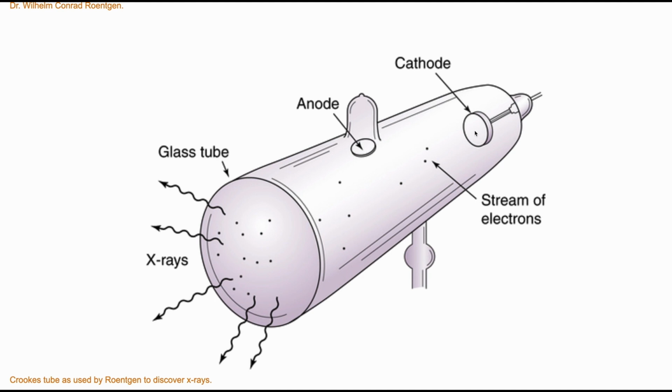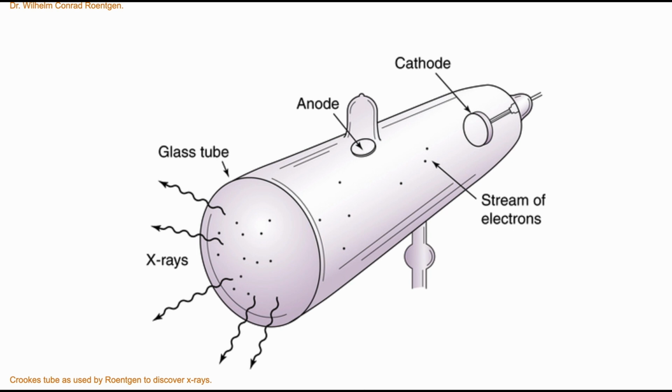Here the electron beam, the cathode rays, shoots to the anode side, and when the cathode beam strikes the end of the glass, the X-rays are emitted from where the cathode rays strike the glass.